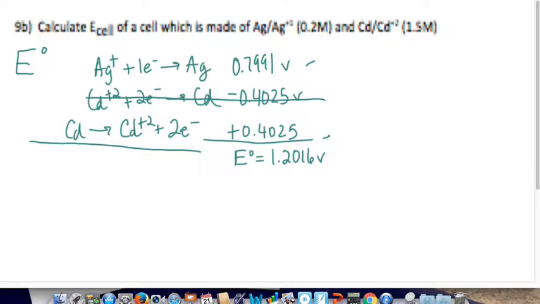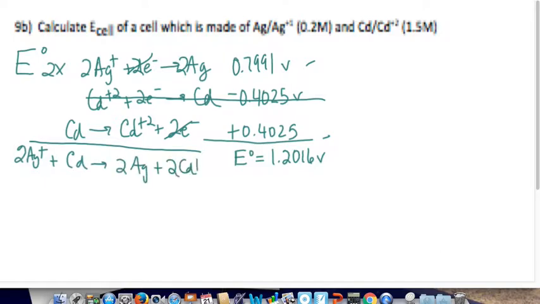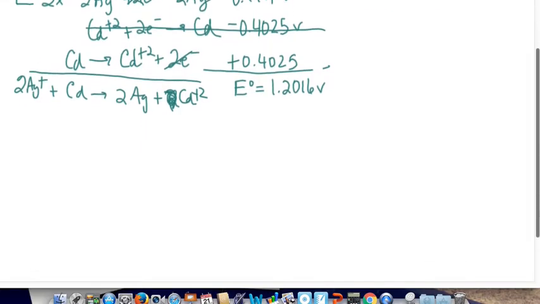Multiply the silver by 2, right? So I get a 2, and a 2, and a 2. So now I can add these up, and I get 2 Ag pluses plus 2 electrons plus Cd gives us 2 Ag plus Cd plus 2. Oh, just 1 Cd, thank you. So now I have everything I need for the Nernst.